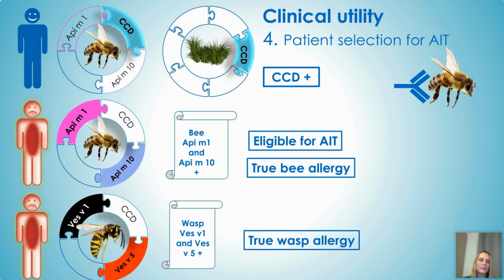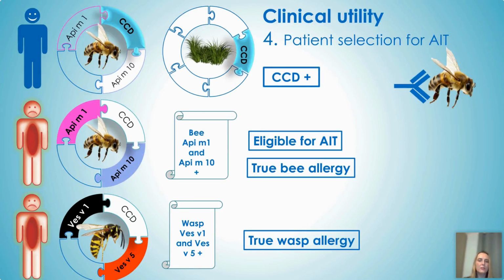But if the patient does experience symptoms when stung by a bee, and we test the components and they are positive for the Api m 1 and Api m 10, it is then a true bee venom allergy, and the patient is eligible for allergen immunotherapy.